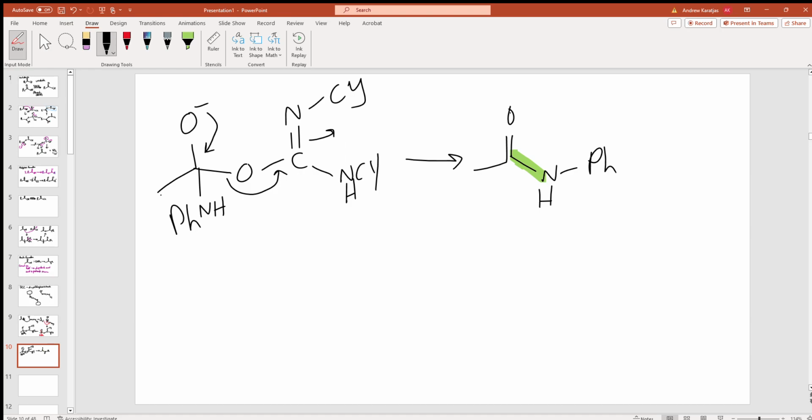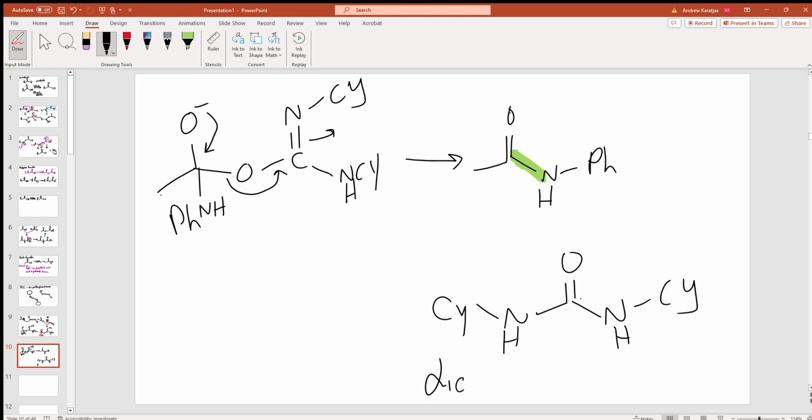In addition, just to point out the byproduct, the byproduct here, dicyclohexylurea, actually makes it very easy to monitor this reaction.